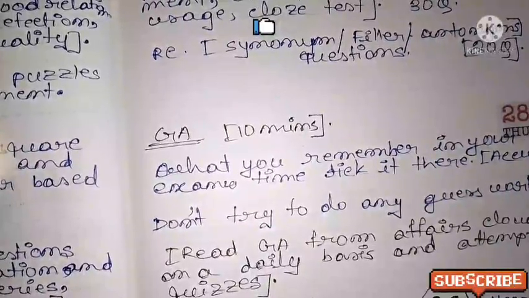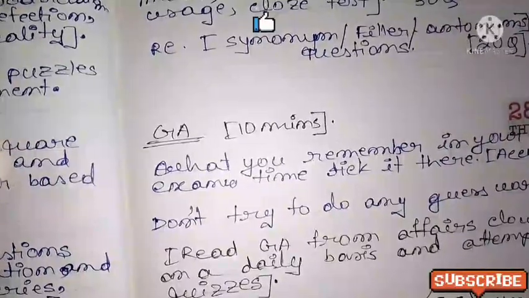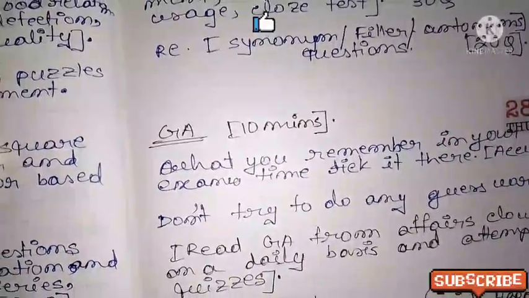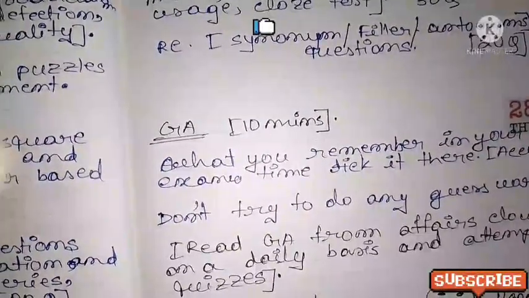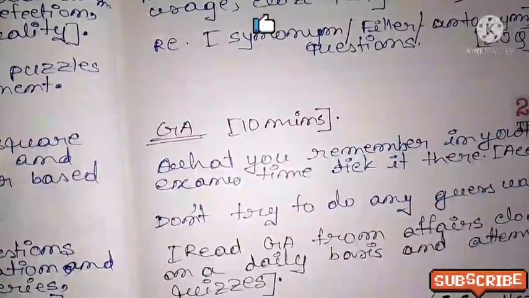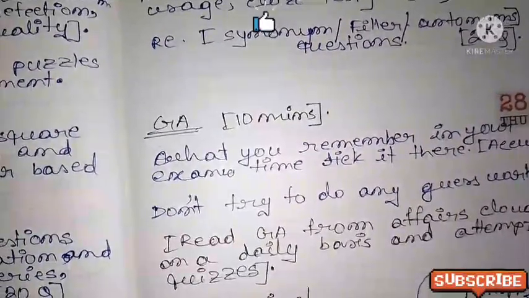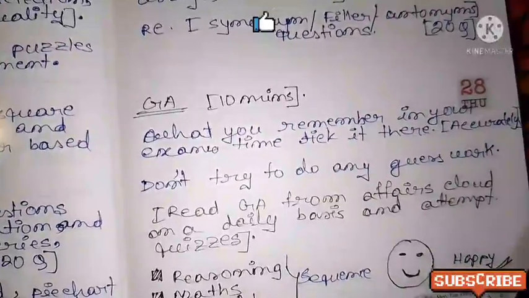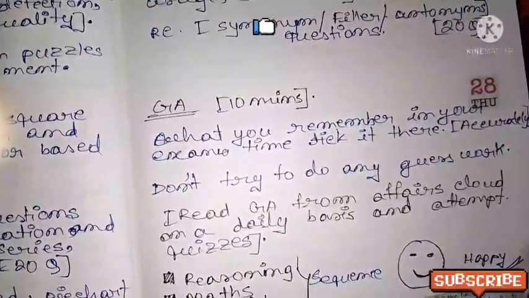Like if you attempt 140 questions in the whole ESIC MTS examination and get just 5 to 10 wrong, the marks will be around 130, right? So that's why I always tell you, and I also prefer, to attempt accurately.